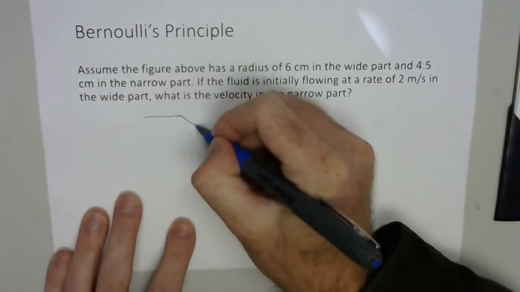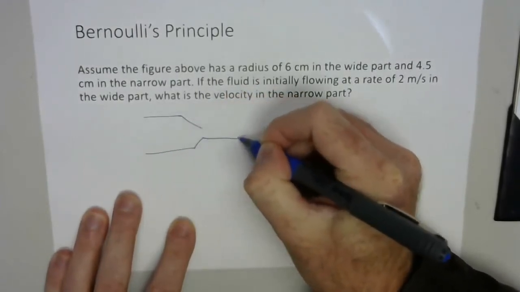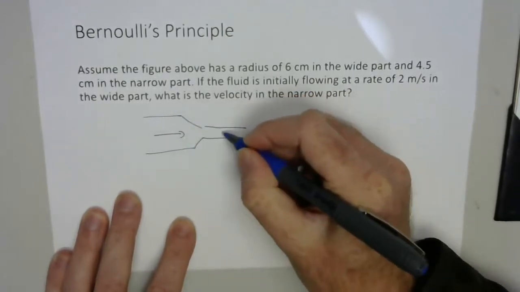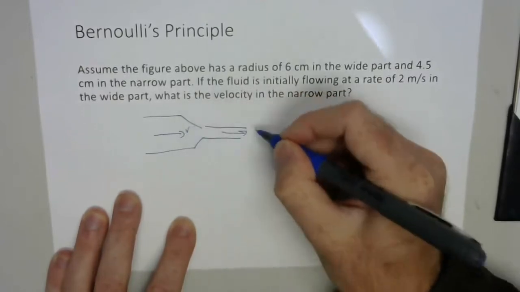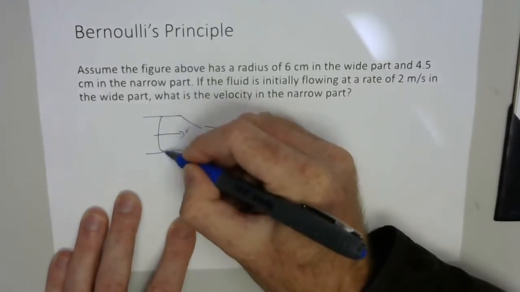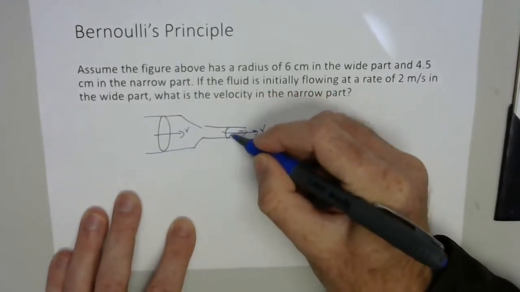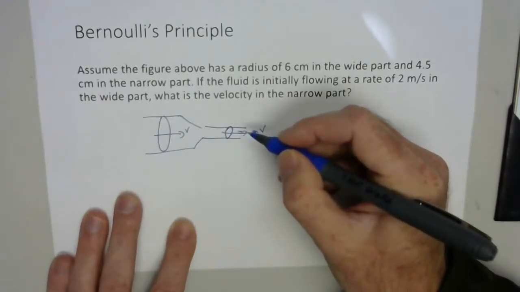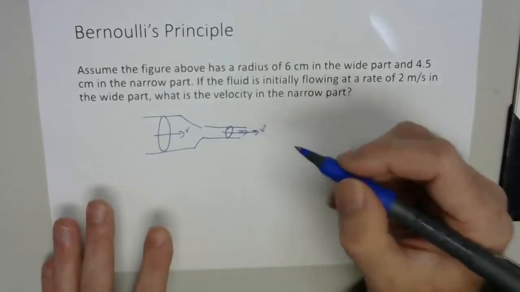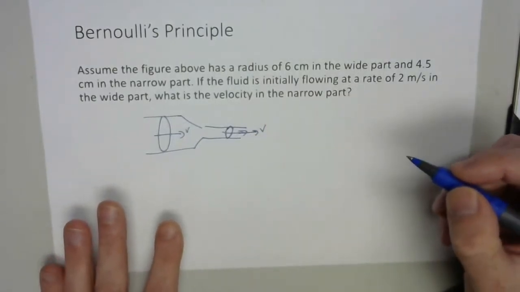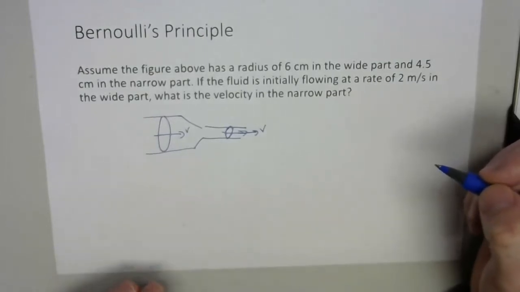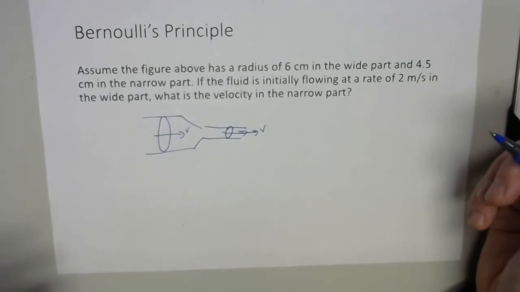That is, if I've got a fat pipe and it narrows, you've got a linear velocity v, but it's going to be bigger in the narrower section because you've got a bigger cross-sectional area versus a smaller cross-sectional area, and the volume of fluid flowing through each, that is the flow rate of each, needs to be the same. And so the linear flow of the fluid needs to increase to keep the flow rate in terms of volume the same.